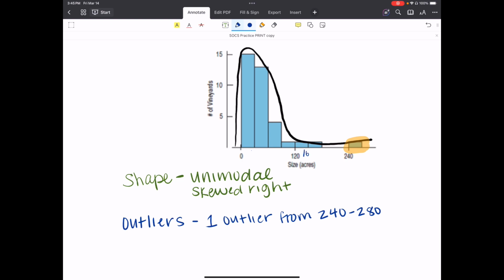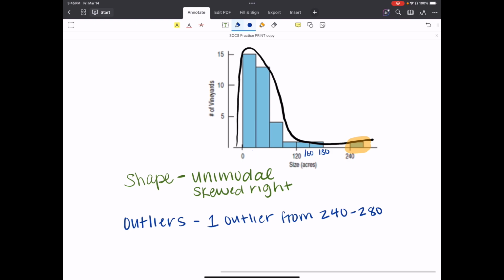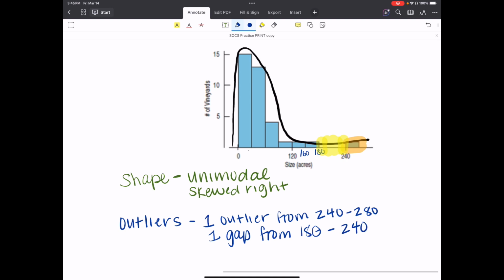So this would be 160, 180. Then we talk about gaps. So this has a gap from, let me change colors, here to here. So that's our gap. So one gap from 180 to 240. So shape and outliers. Outliers, we talk about outliers and then gaps.